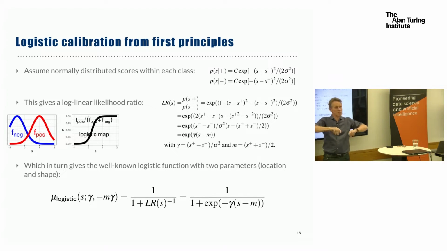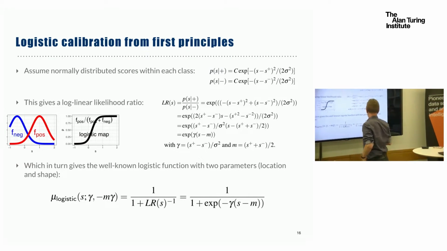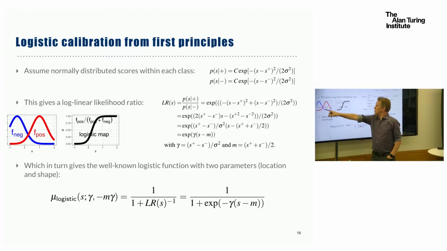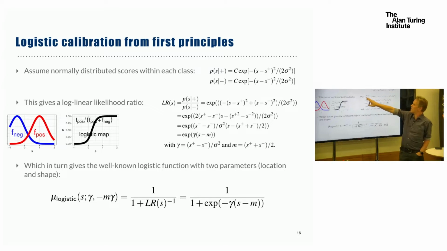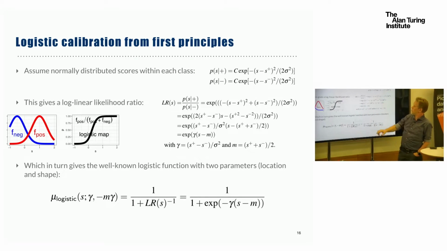So your classifier tries to pull these scores apart. And if you assume that both these distributions are normal, and if you assume that they have the same variance, then you do some magic. So here are the normal distributions. You look at the likelihood ratio between the two, and because you assume the same variance, the quadratic term drops out, and you get a log linear form.